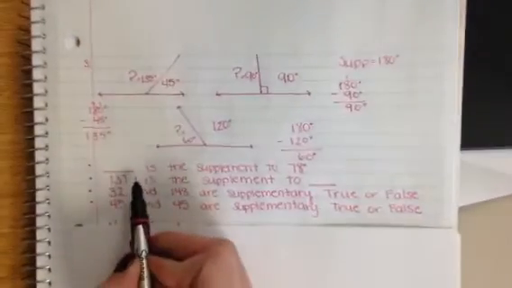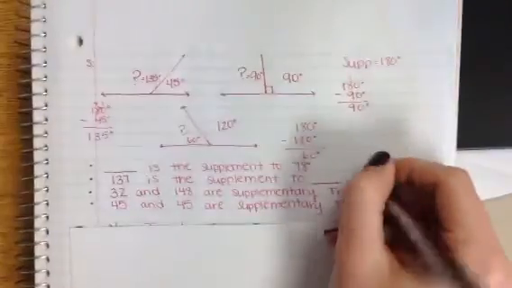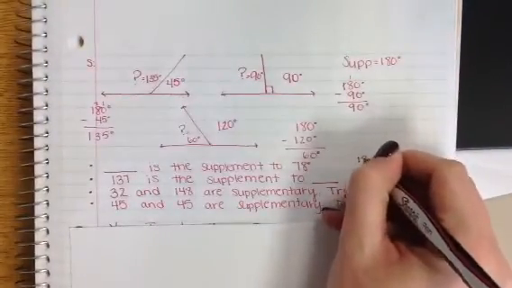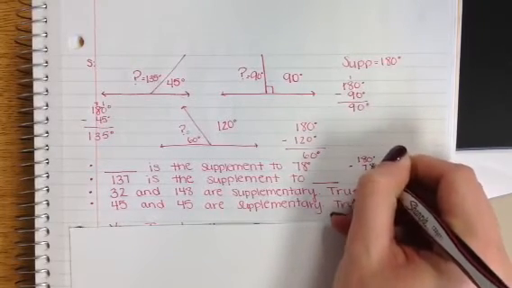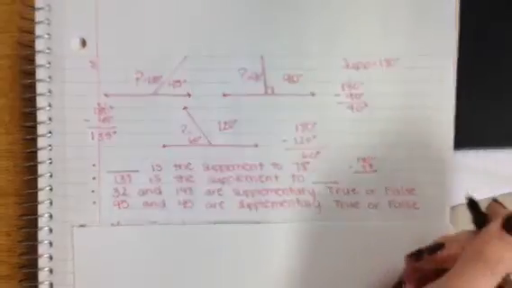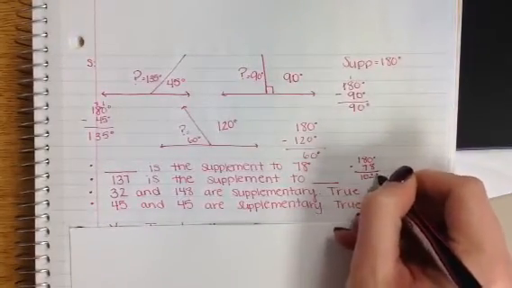All right, blank is the supplement to 78. Remember that supplementary is 180 degrees. Subtract 78, and you are left with 102 degrees.